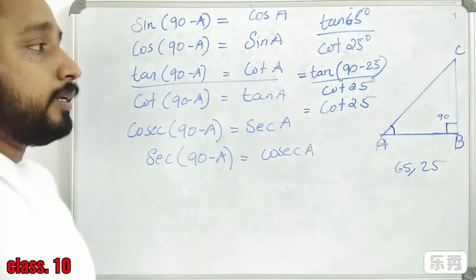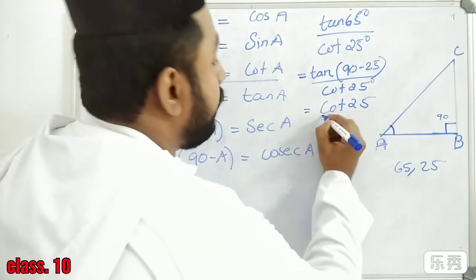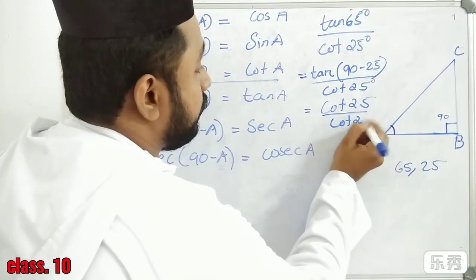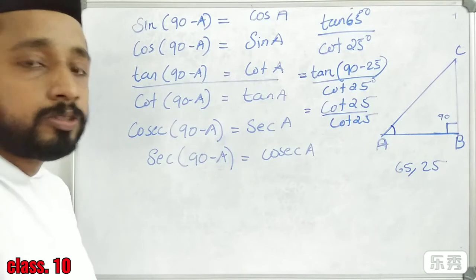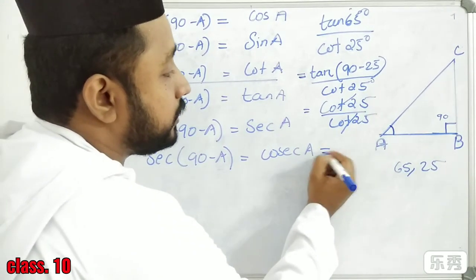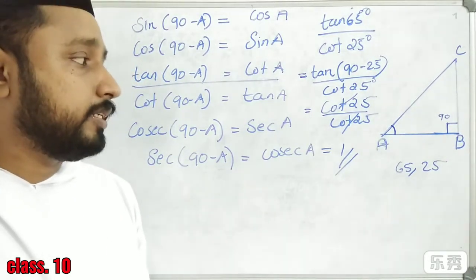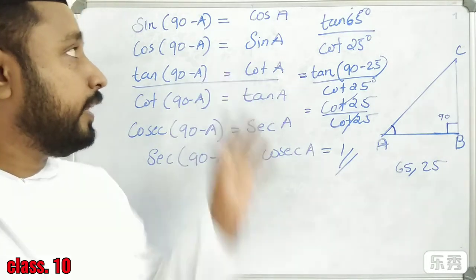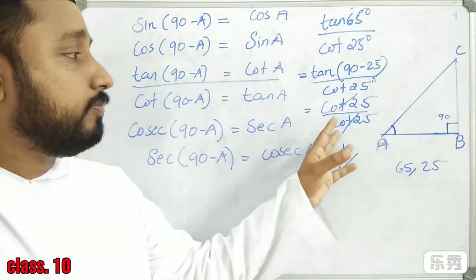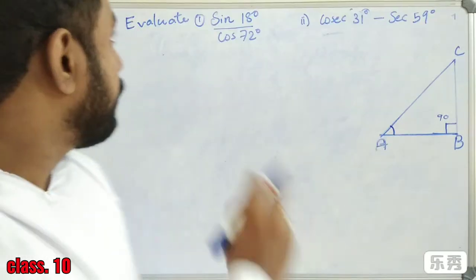So it is cot 25 divided by cot 25. We can cancel cot 25 and cot 25, and we get 1. So tan 65 by cot 25 is equal to 1. So we can do problems using complementary angles.